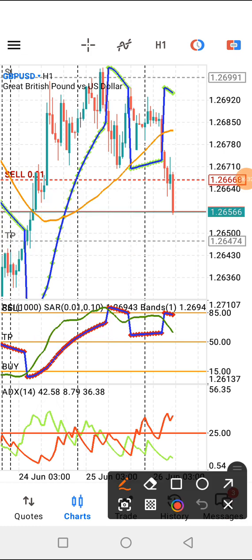Now, for you to take your sell, the first thing you need to see is a situation like this where price gave you a bullish move. The parabolic SARs will be down. You can see the parabolic SARs are tiny with the blue Bollinger Band. There's no problem.